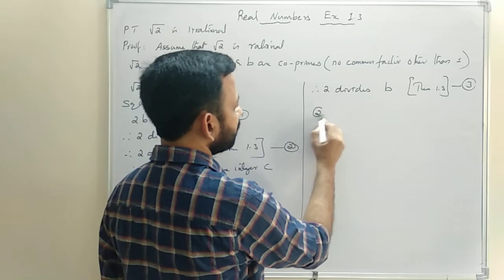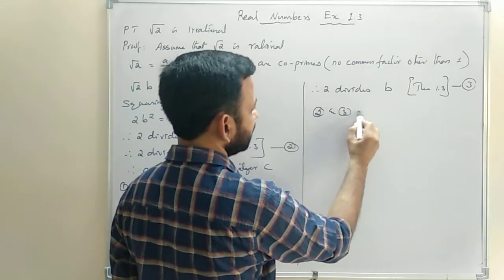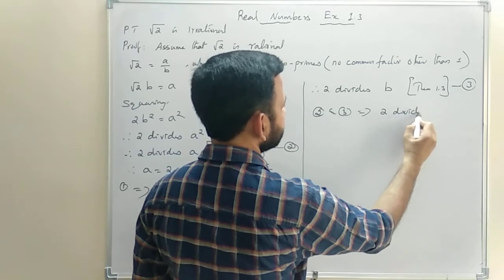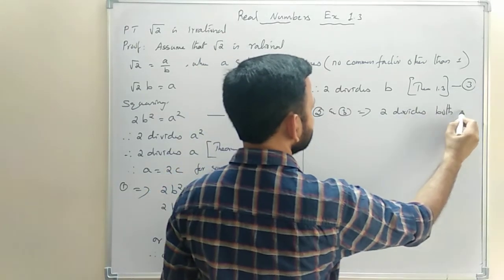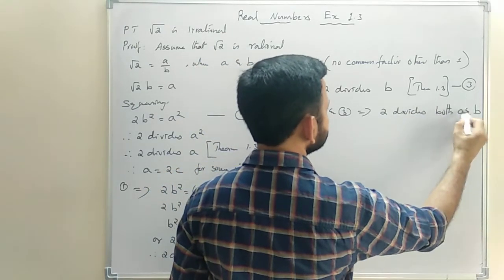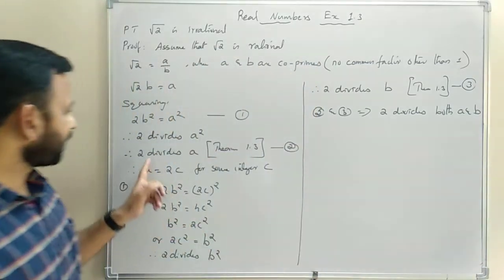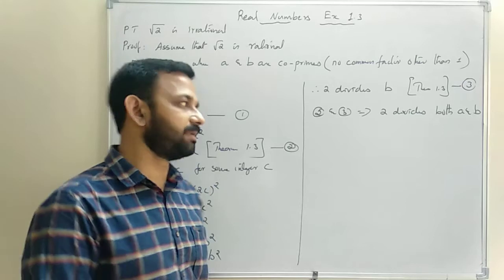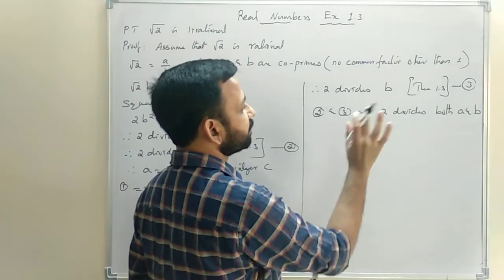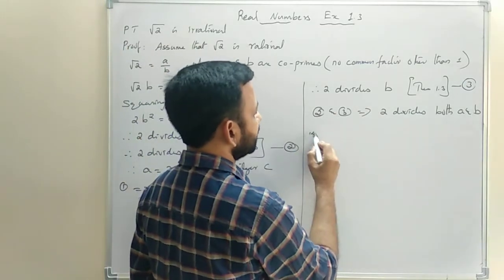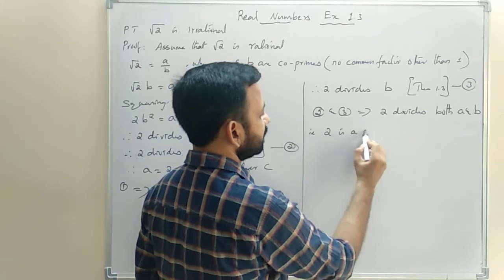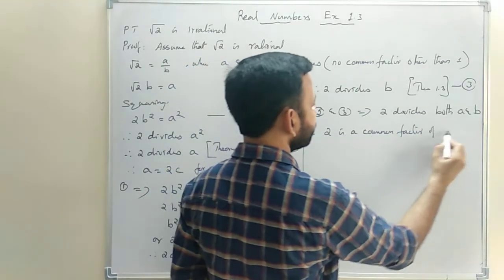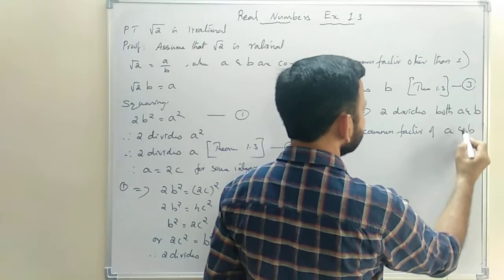From 2 and 3, it implies 2 divides both a and b. That is, 2 is a common factor of a and b.